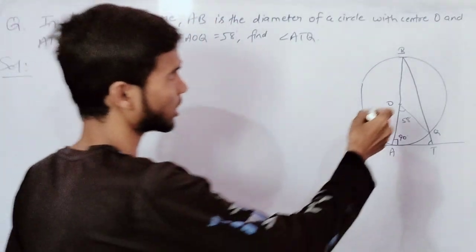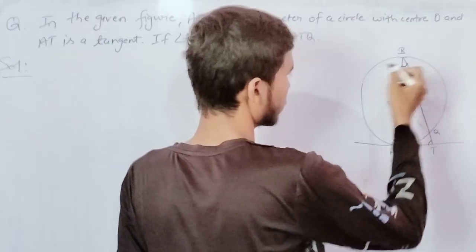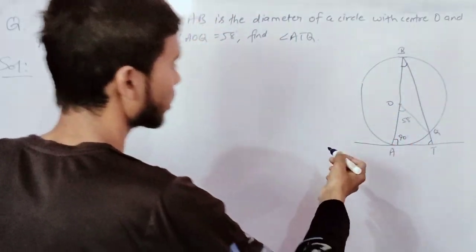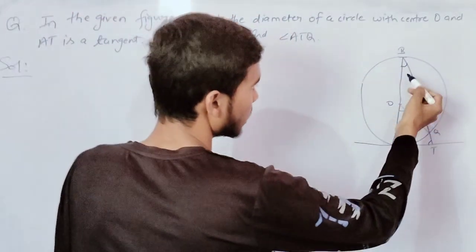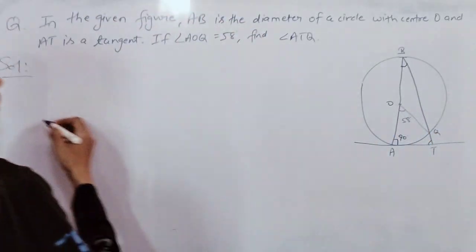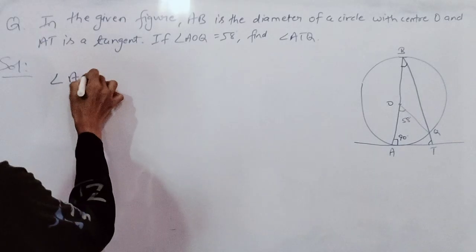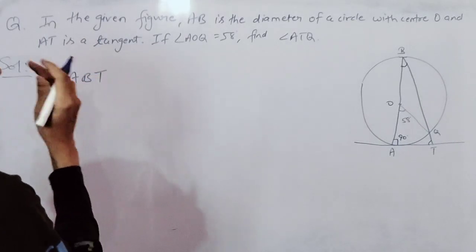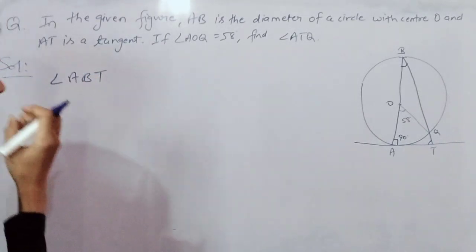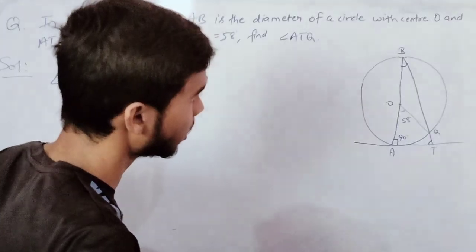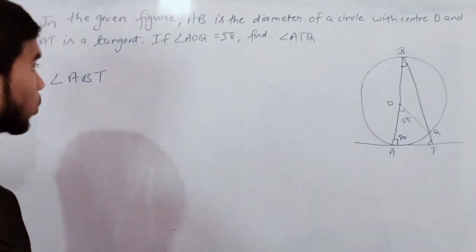So can we find this? As we know, this is half of this. Can we say angle ABT? No, ABQ.